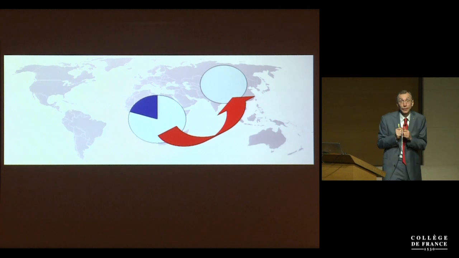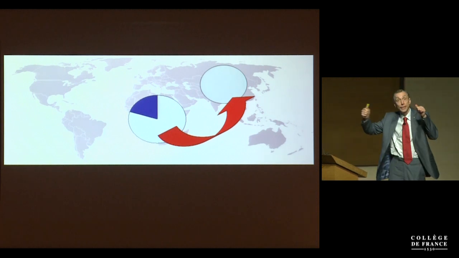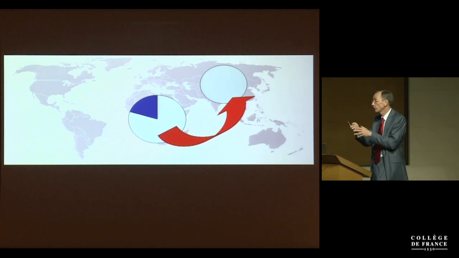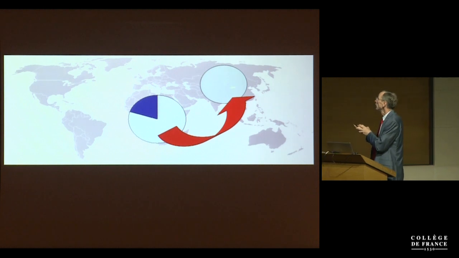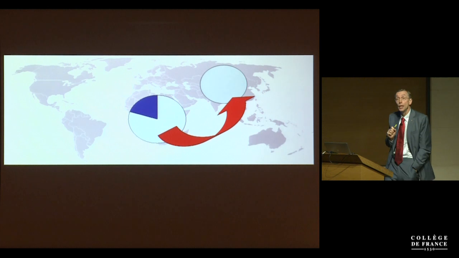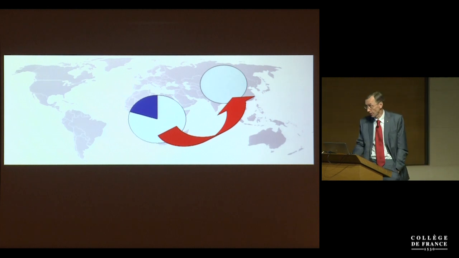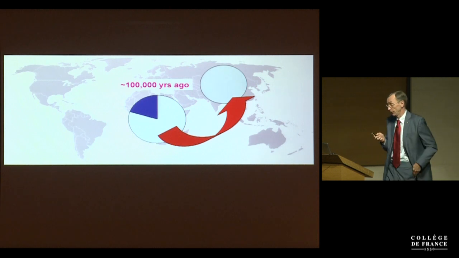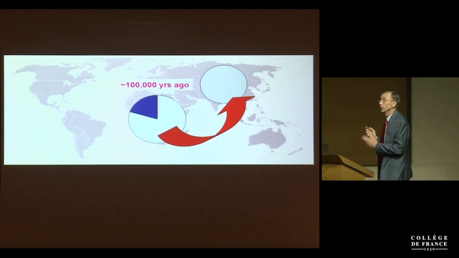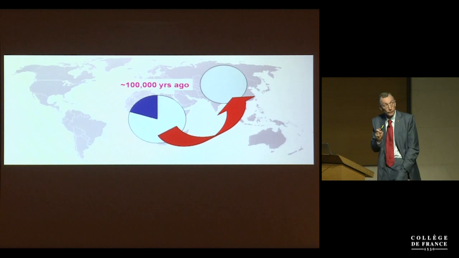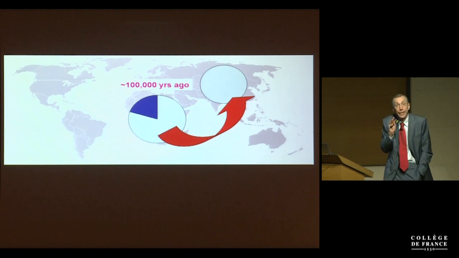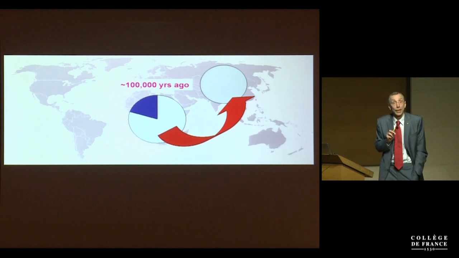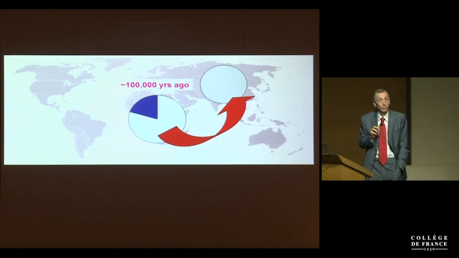And with some genetic tricks, for example, by seeing over how long distances on chromosomes you have these sort of patterns you see outside and inside Africa, you can estimate approximately when that happened. And it's sort of less than 100,000 years ago when this exodus out of Africa started. So that is sort of the genetic evidence for the recent African origin of modern humans that one sees.